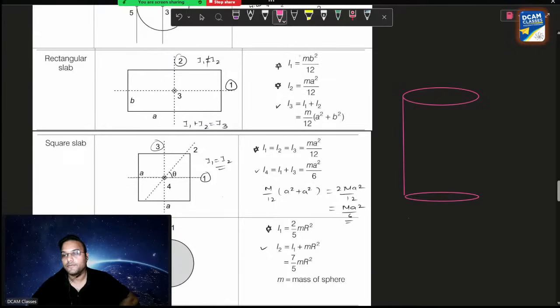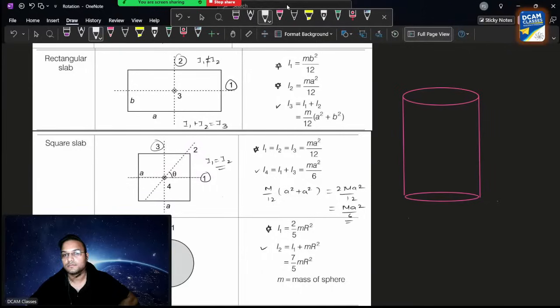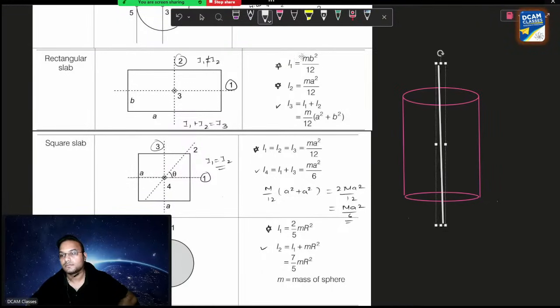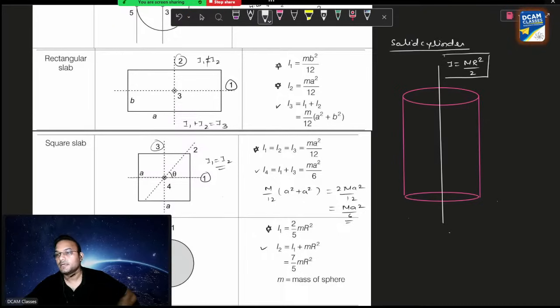And the rest of the results I have given. For solid cylinder it is this, and for hollow cylinder it's m r square. These two also, if you remember, are good.